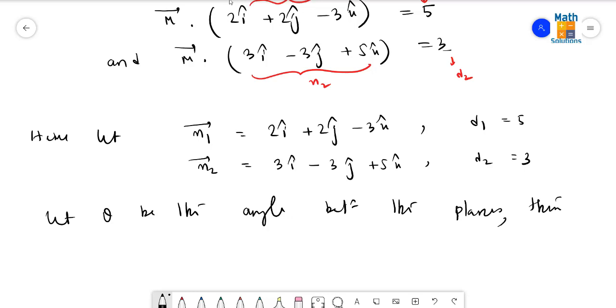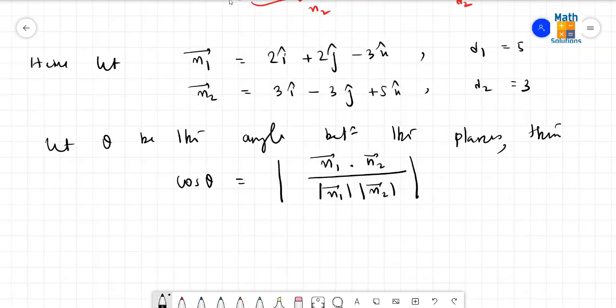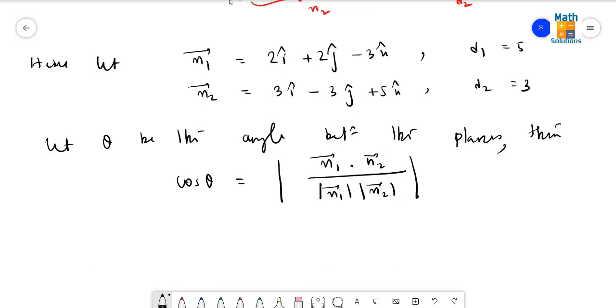Then we can write cos theta is equal to modulus of n1 dot n2 divided by modulus of n1 times modulus of n2. So the respective values I am going to find out now for both numerator and denominator.